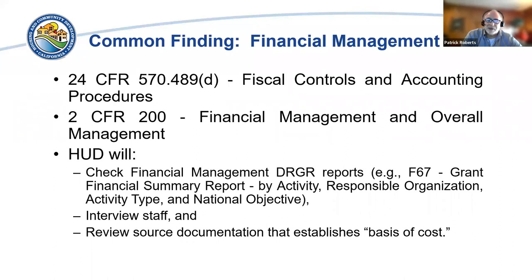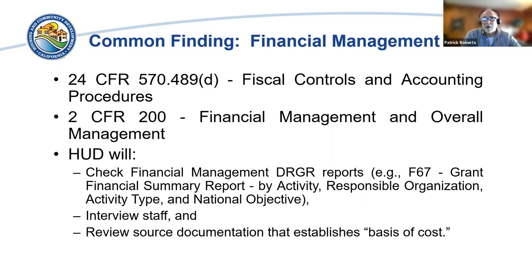So in that section, it states that a state shall have fiscal and administrative requirements for expending and accounting for all funds received under that subpart. And these requirements must be available for federal inspection.